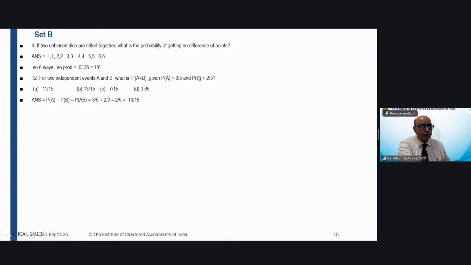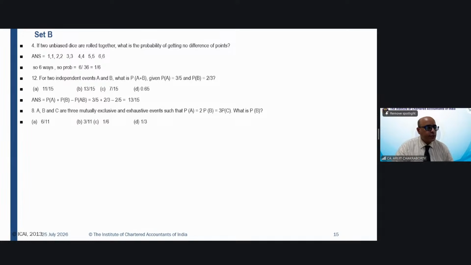P(A) is given 3 by 5, P(B) is given 2 by 3, and P(AB) is equal to 3 by 5 into 2 by 3, that is 2 by 5. It's just a product of the individual probabilities. So we get the answer 13 by 15.